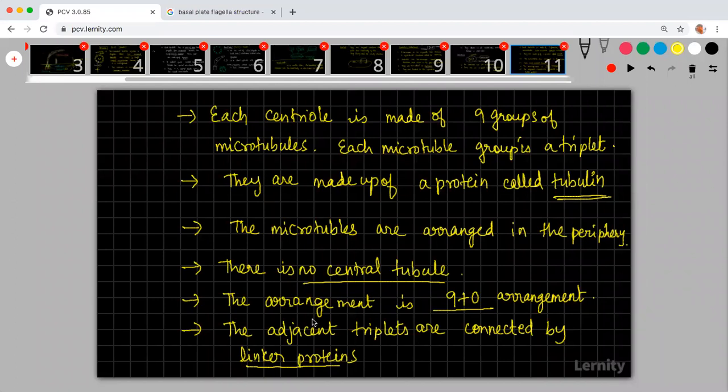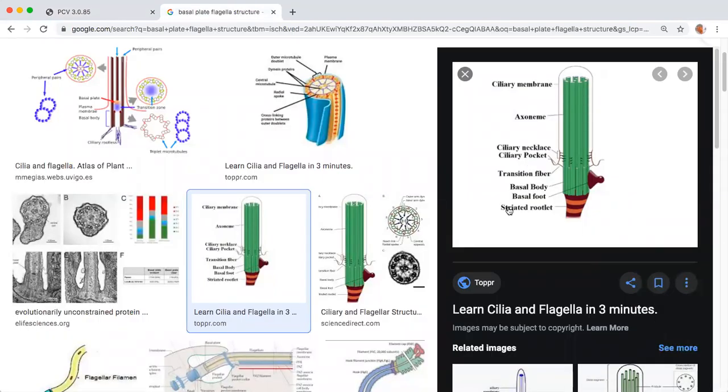You see here, it is almost like the similar structure that you studied about the basal body. It is made of triplets, and how many triplets will be arranged? 9: 1, 2, 3, 4, 5, 6, 7, 8, 9. Like that, 9 triplets will be arranged in the periphery, all connected by a linker protein. I'll just quickly show the structure.